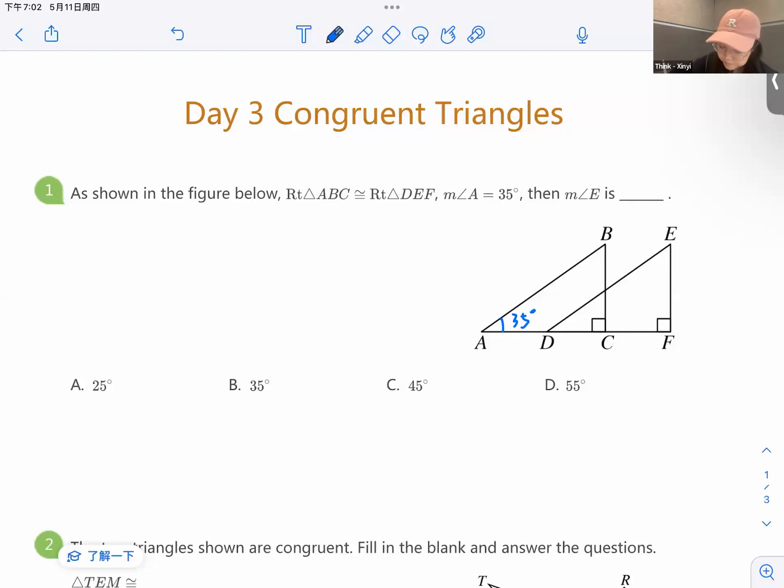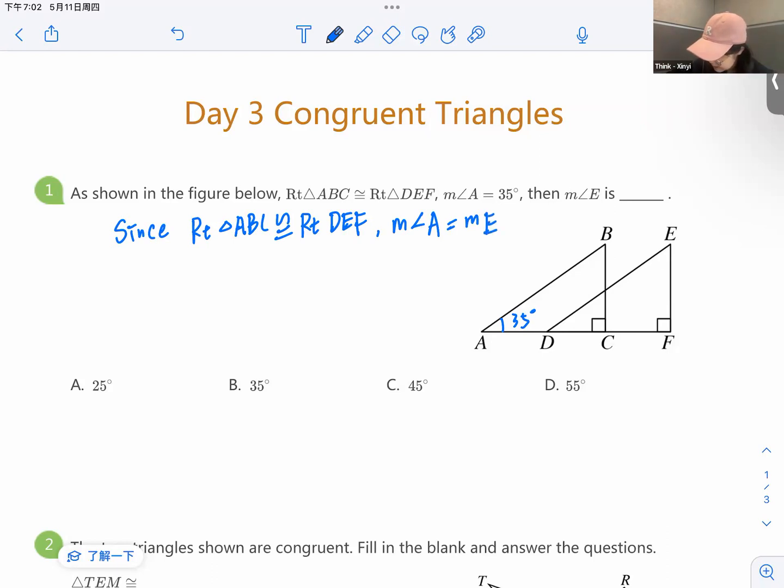Since the right triangle ABC is congruent to the right triangle DEF, we know that angle A equals angle EDF, which equals 35 degrees.